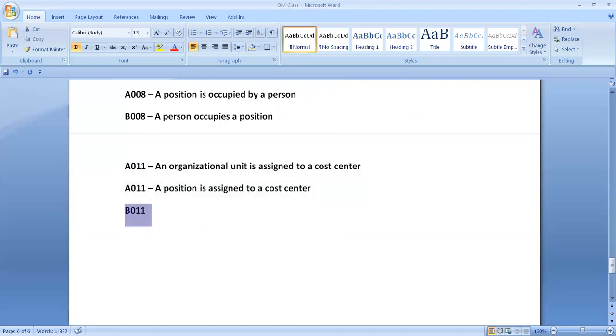B011 is not automatically created, except the A011 relationship. All other relationships are two-way relationships.